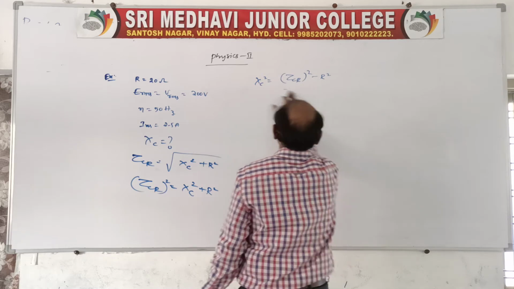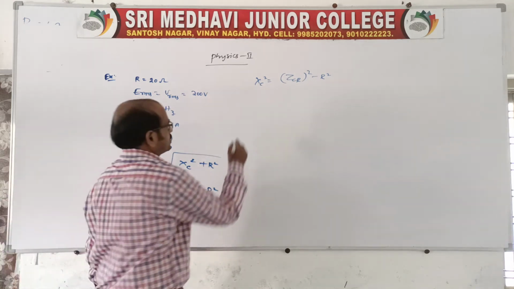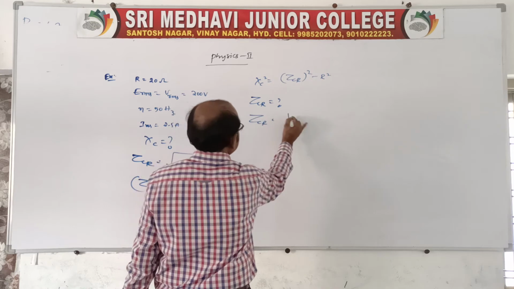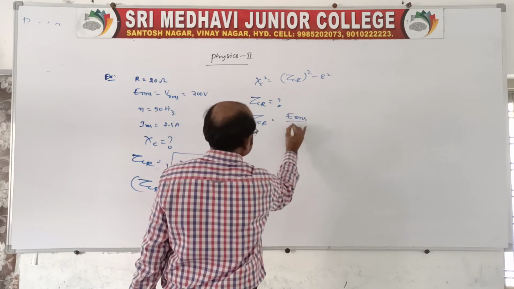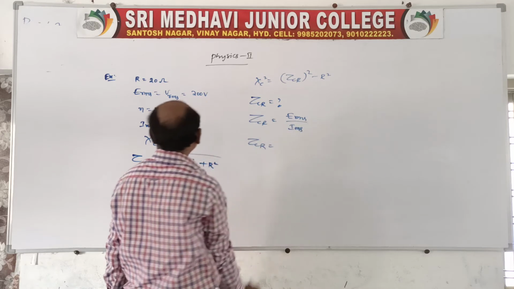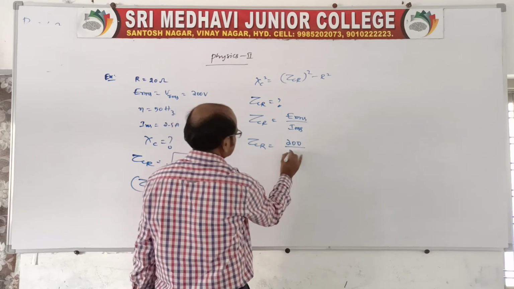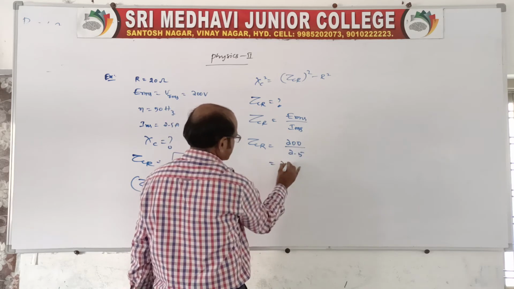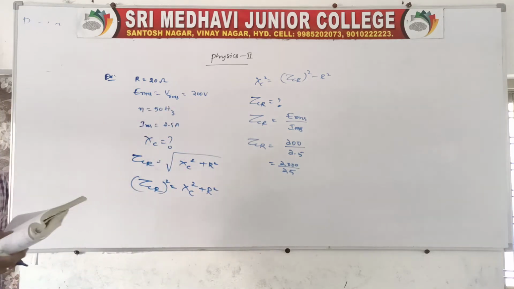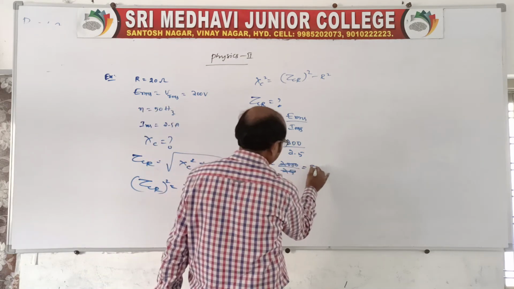R is already there, but we don't know ZCR, so we need to find this. ZCR is ERMS by IRMS, which is 200 by 2.5. Better you write 2000 divided by 25, so that we may get approximately 80 ohms.